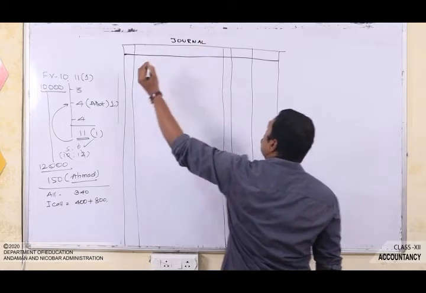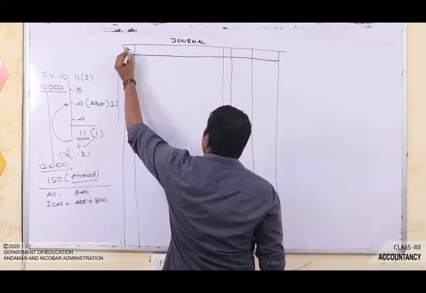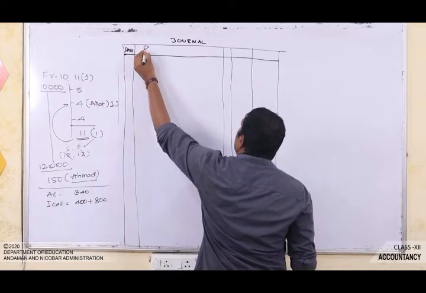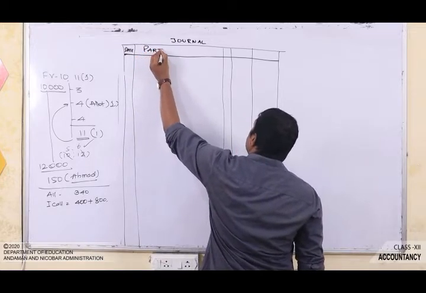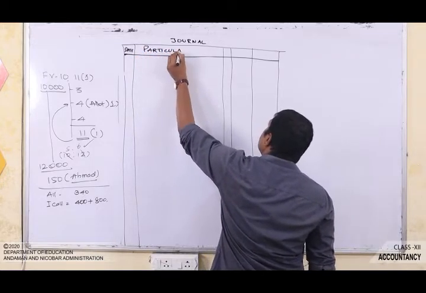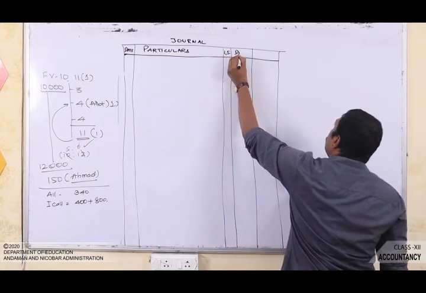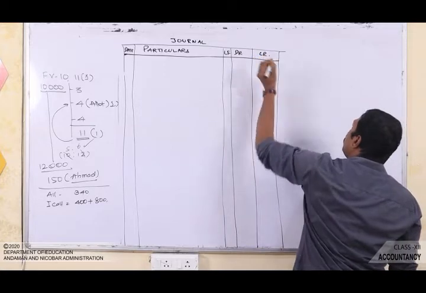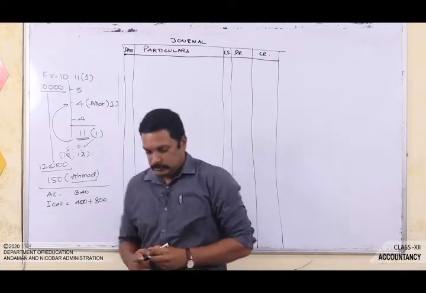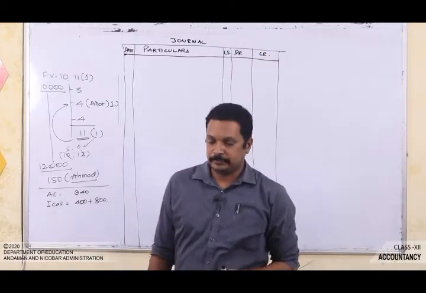Journal, date, particulars, ledger folio, debit amount, credit amount. Right. So it starts with application.